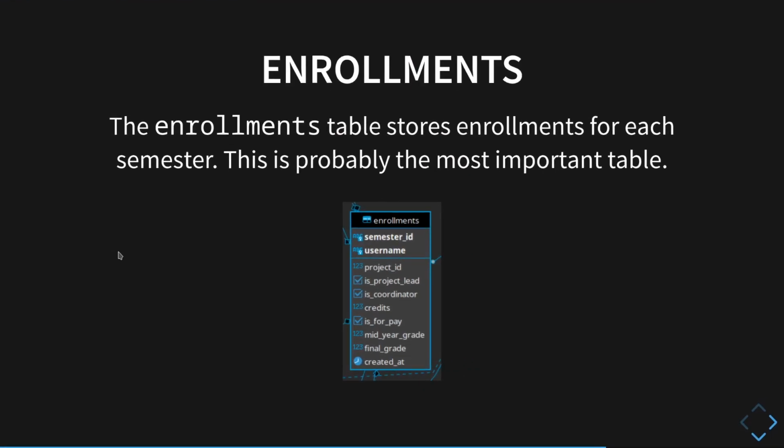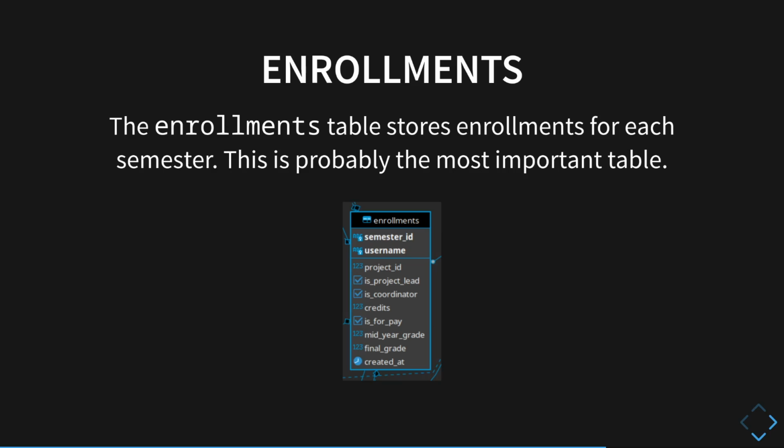So for each of you, in this workshop right now, there is a row for you. Maybe I'll show you afterwards, but I don't want to screen share too much sensitive data. There's a row for each of you that says semester ID equals this semester, username equals your username, project ID equals whatever the ID of your project is, project lead.